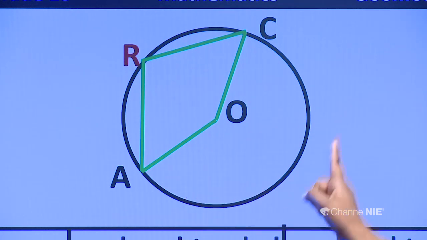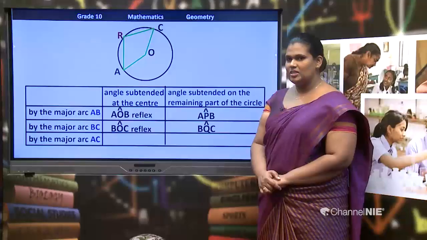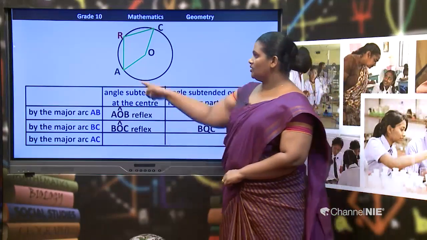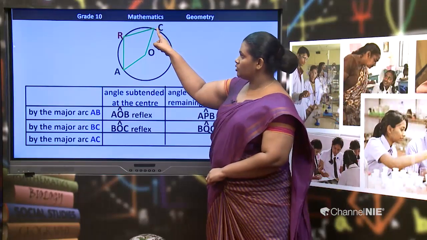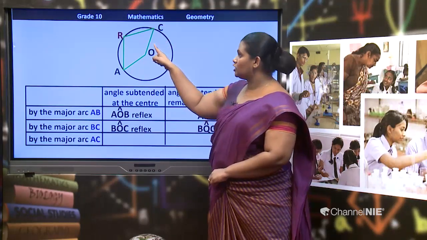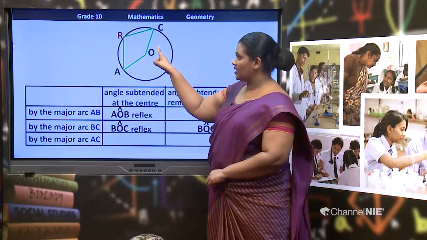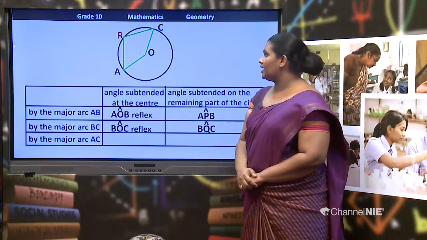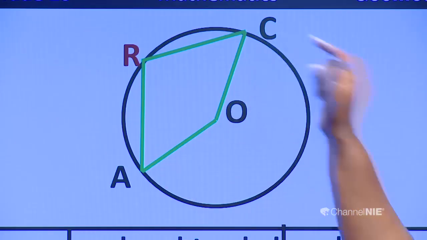Therefore, we have to consider the major arc, the larger one. Right. Now, first of all, what is the angle subtended at the center by this arc? Right. Now, this is the major arc. So, angle subtended on the center should be considered as this angle. So, that is angle AOC.